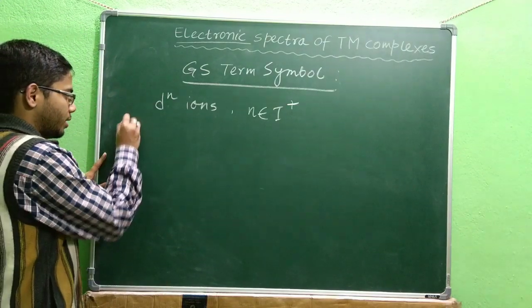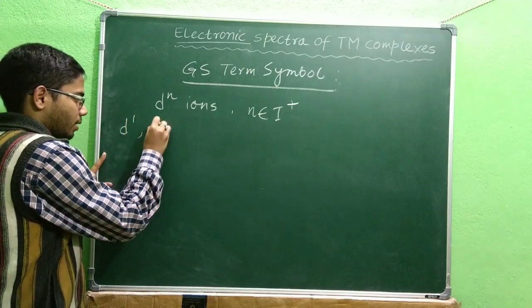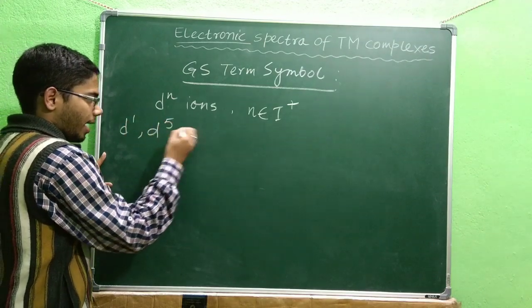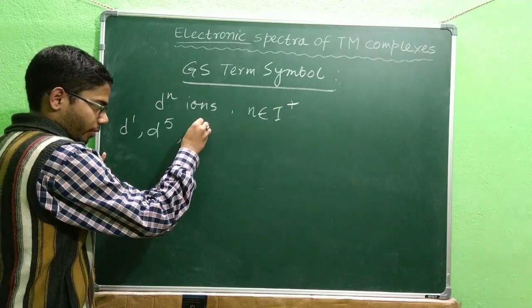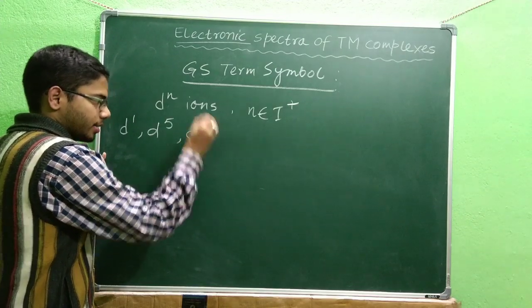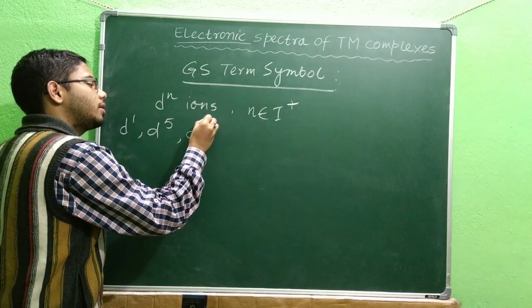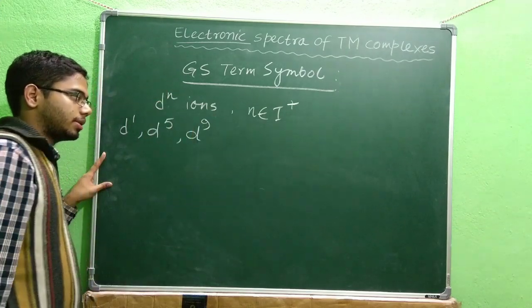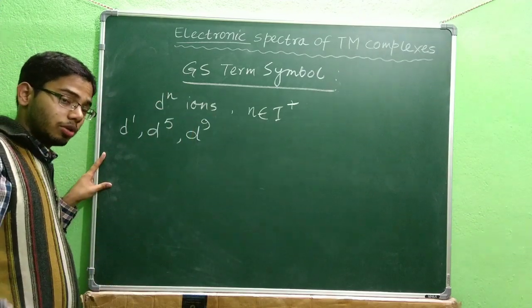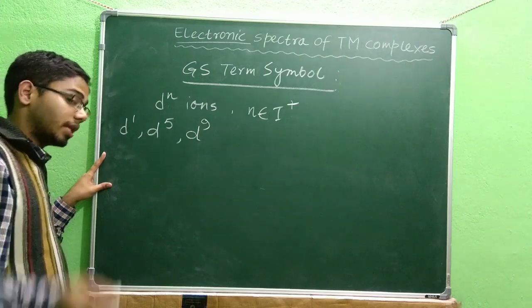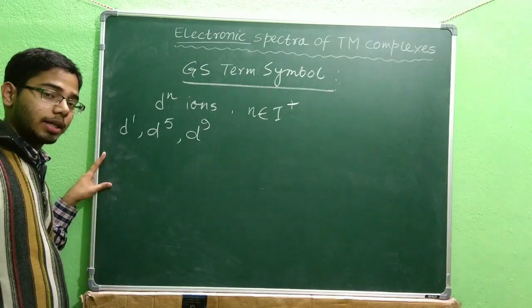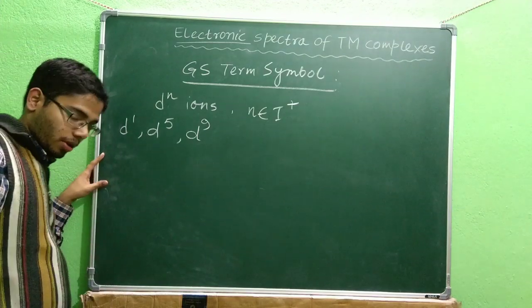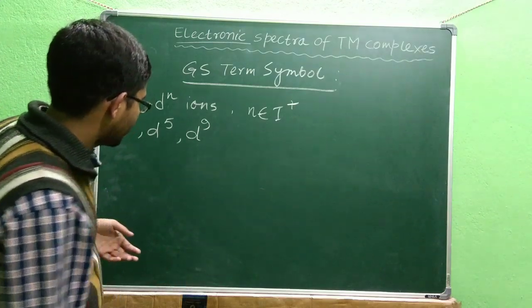I will show you for d1, d5 and say d9. The rest of the things you can do yourself and check with the textbook if you have done it correctly or not, or you can put it in the comment section as well.